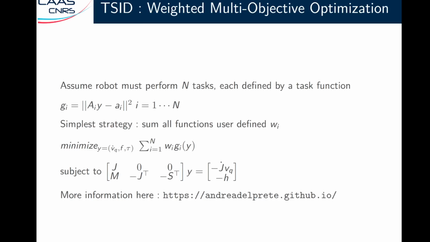So based on that, for each task, by linearizing them, you have this set of linear task functions that we call g_i.